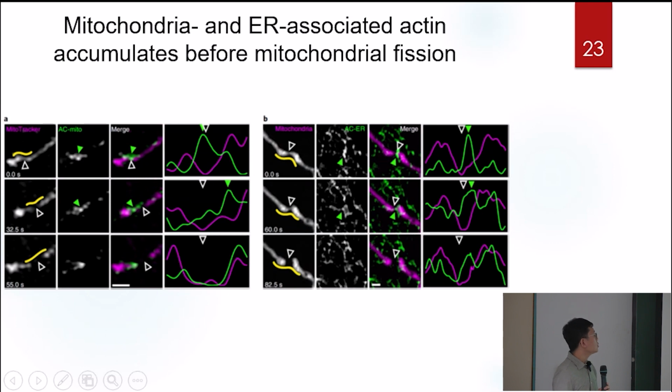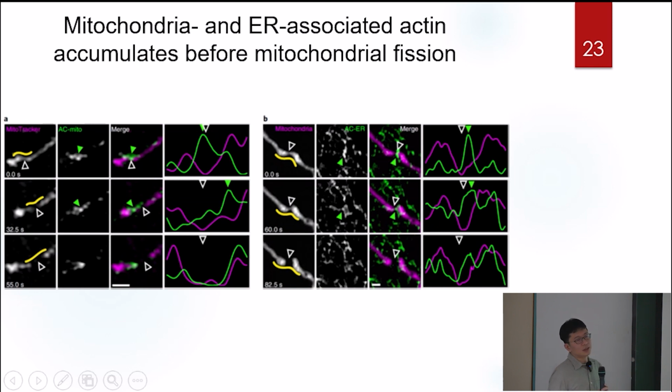Similarly, when they check the ACER, the ER-associated actin showed the same thing. The left side is the AC mito, the same idea as the previous slide. This is MitoTracker Red to label mitochondria, and this is the AC mito. Before mitochondrial fission, AC mito already accumulates, and then they fission, and the signal disappears.